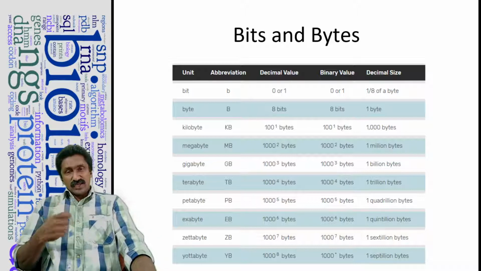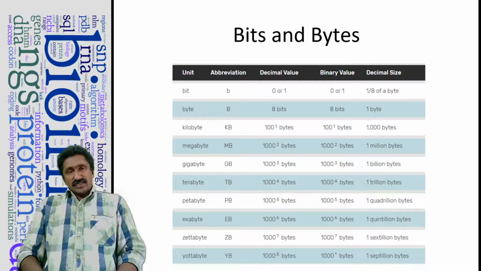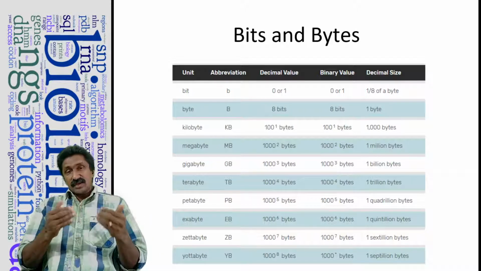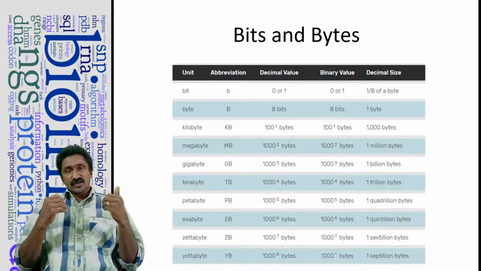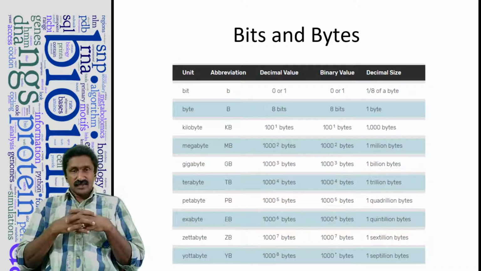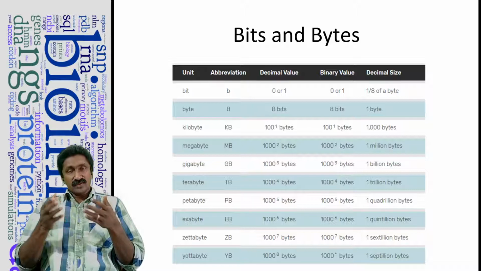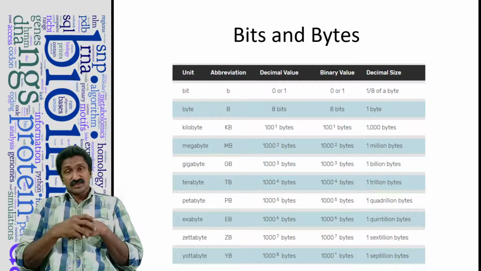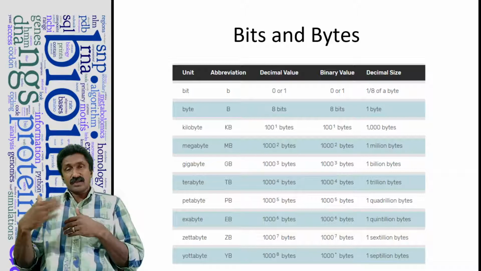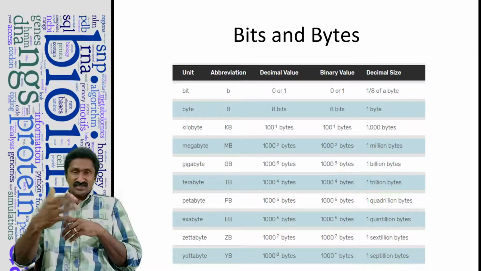Okay. So I'm just showing you these terms, and there are other terms like petabyte, exabyte, zettabyte, yottabyte, etc., which are again higher orders of capacity, 1,000 raised to 5, 1,000 raised to 6, etc. So everything is multiplied 1,000 times at every stage.